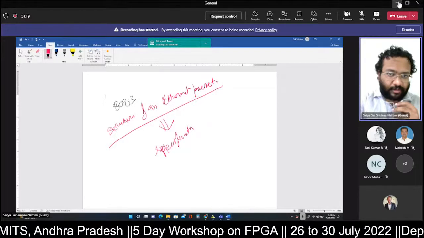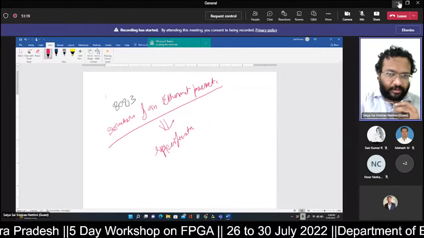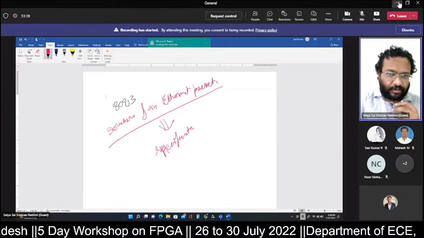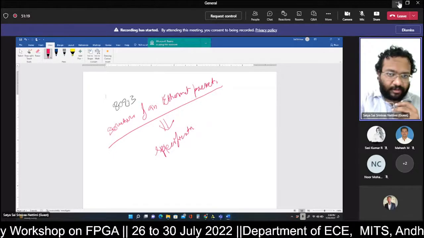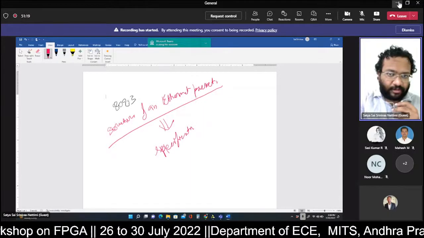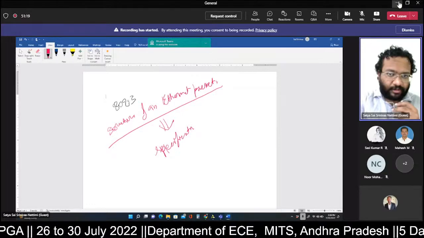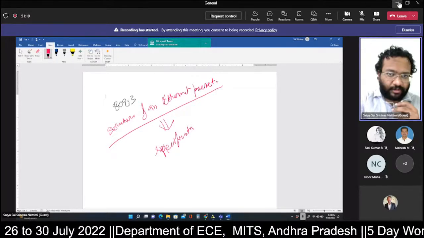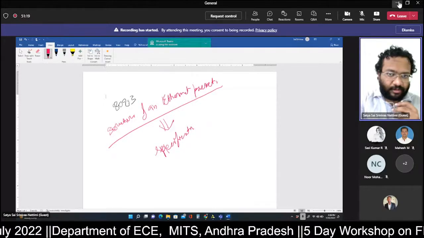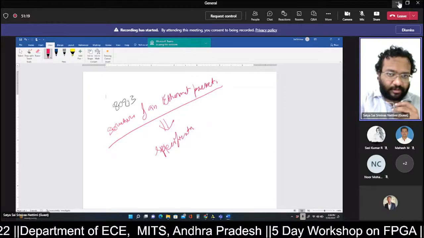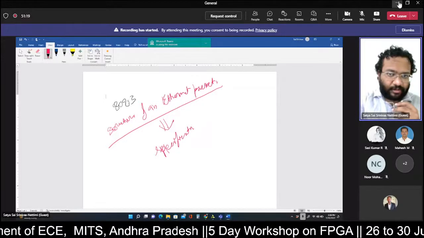The structure of the Ethernet packet goes as follows. First we have a preamble. Next we have SFD, which stands for start of frame delimiter.